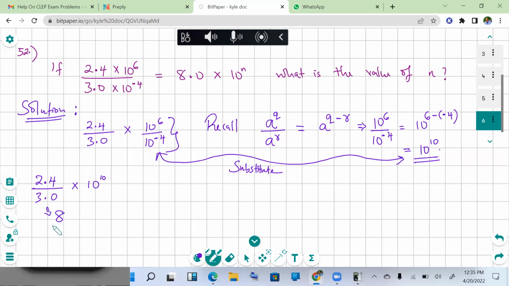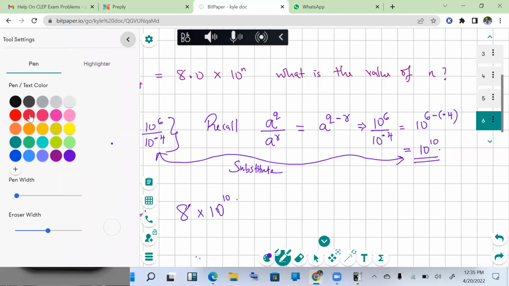And 3.0 divided by 0.3 is actually 10. So 2.4 over 3.0 is 8 over 1, multiplied by 10 to the power of 10, which is 8 times 10 to the power of 10, okay?